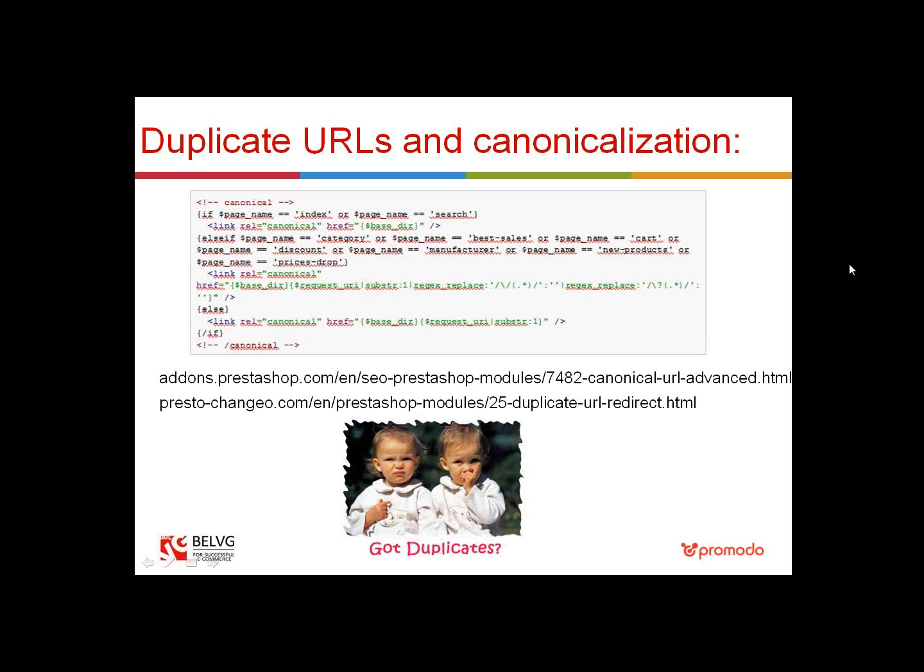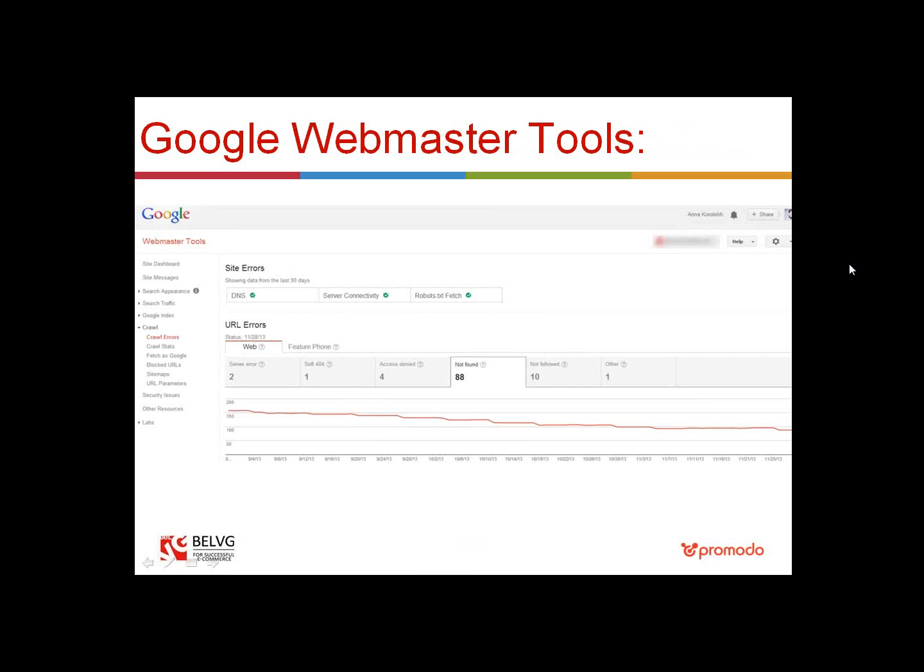You definitely need to check, as I have already mentioned with Siteliner, if you have this issue of duplicate URLs. And you need to make sure that the rel canonical tag appears on all the duplicate variants and points to the original source of the content. This way Google understands the original source of the content and ranks the correct page well.